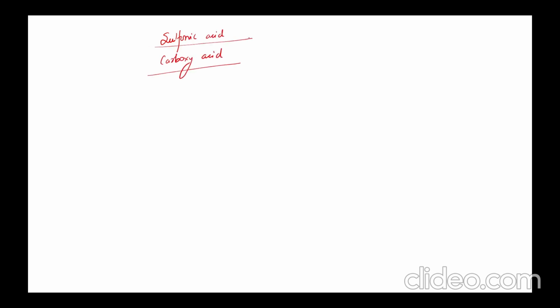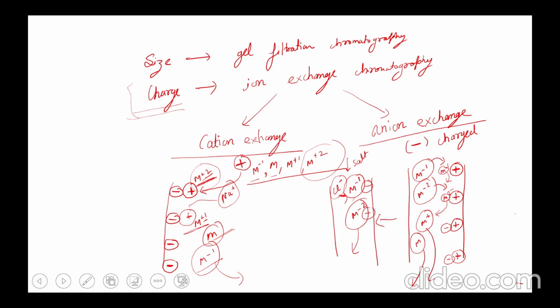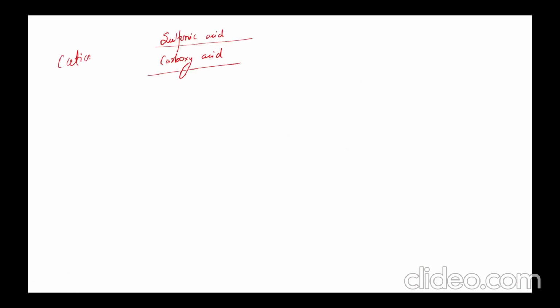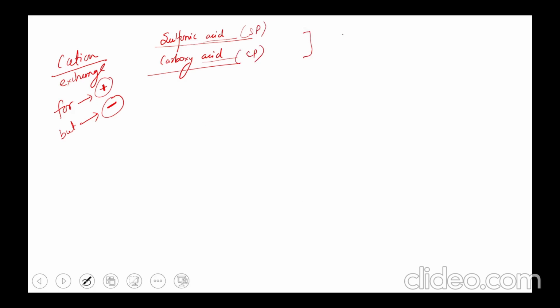These are your cation exchange columns, for positively charged amino acids. The columns are negative because in order to bind positive they should be negative, whereas these are acids, so these are the cation exchange columns. Based on that we have SP columns, SP Sephadex, SP Sepharose, CM Sepharose, all those columns.